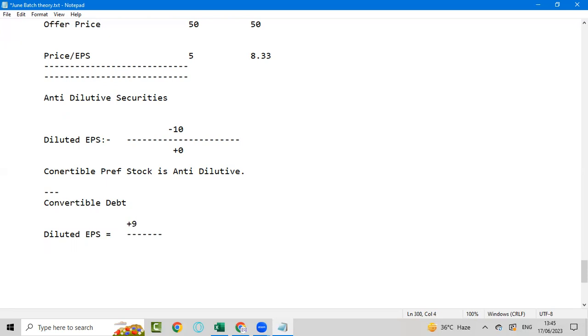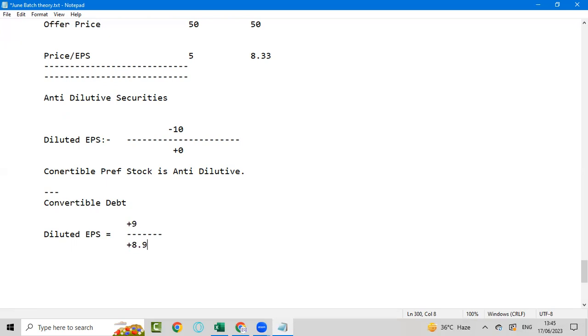In the denominator, if it is, let's say, plus 8 or 8.9, till this time what will happen? Earning per share will increase, it will not decrease. So if it will not decrease, we will not consider the treatment of it in the diluted EPS. We will treat it like we treated it in basic EPS.